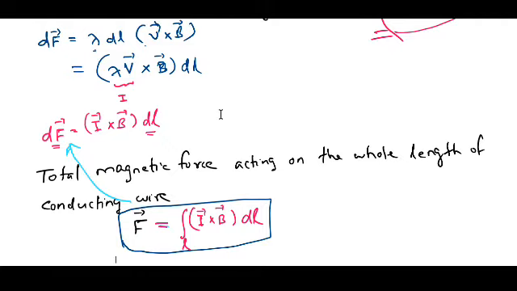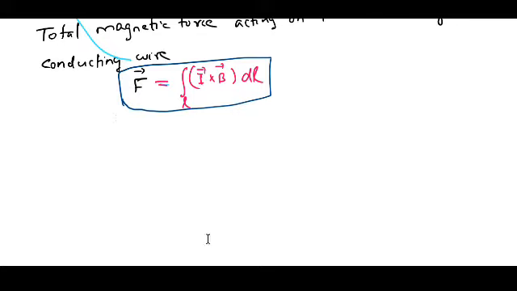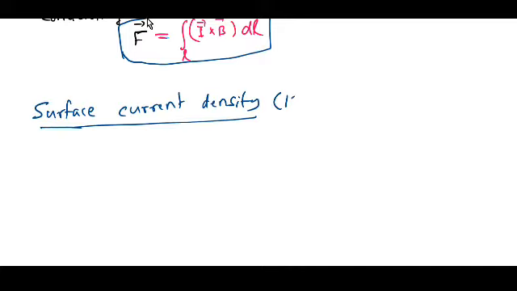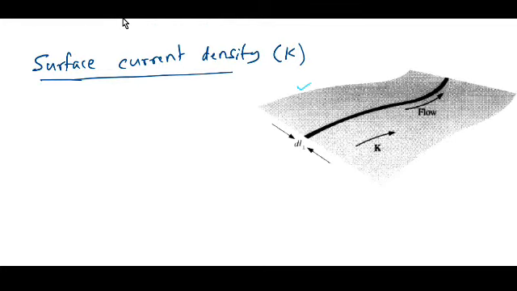Now let us go to the surface current density and the force on the surface current density wire. The surface current density is denoted by K. If we consider a charge flow over a surface, in this picture this is a surface through which a current is flowing in this direction, and the surface current is K. That is, K is the amount of current flowing per unit length in a direction perpendicular to the current flow.